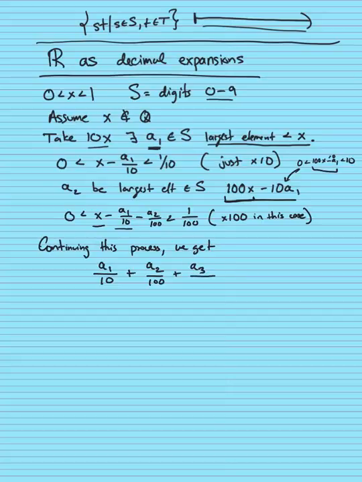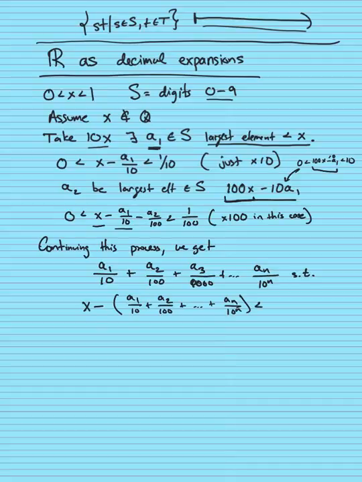We would do the same thing, get a3 over 1,000, plus an over 10 to the n, so that x minus this sum is less than 1 over 10 to the n.